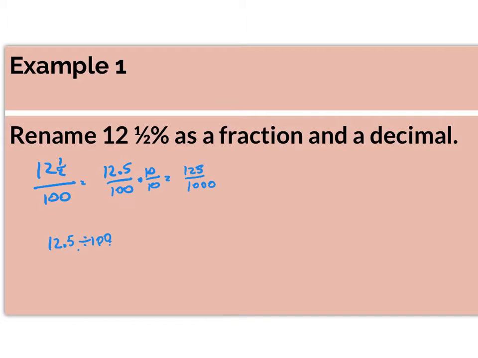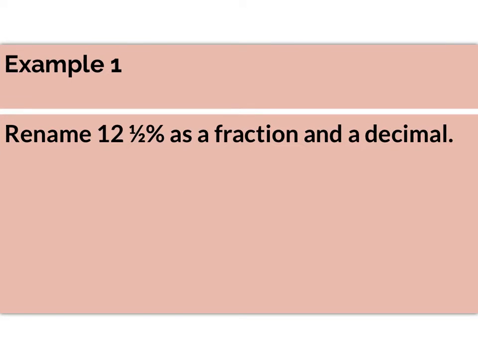So 12.5 divided by 100. There are 2 zeros, which means the decimal goes left 1, 2. So you get 0.125.